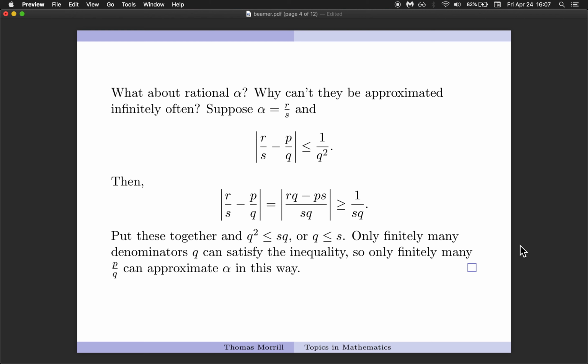That means that if I only have finitely many denominators I can work with, and I put them into this equation to get a good approximation, there's only going to be finitely many solutions, period. That's the reason why we cannot have infinitely many Dirichlet approximations to a rational number. That's the proof.